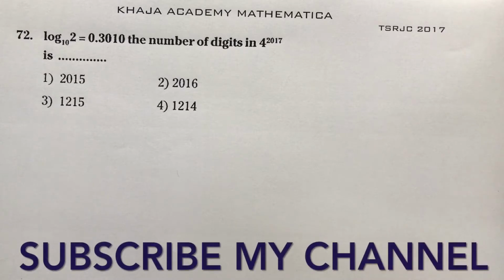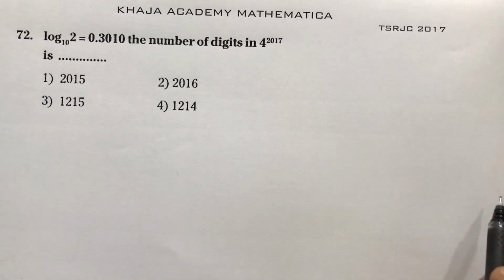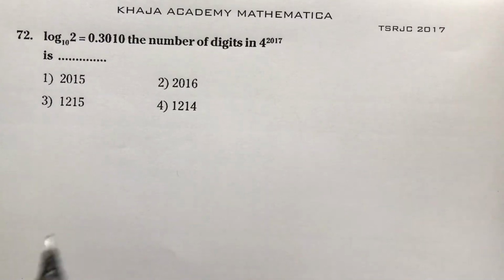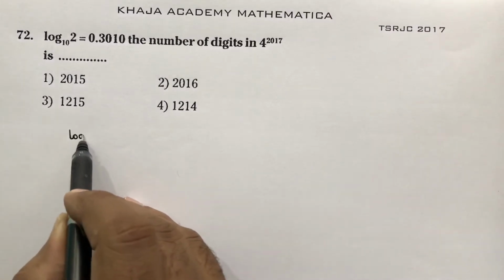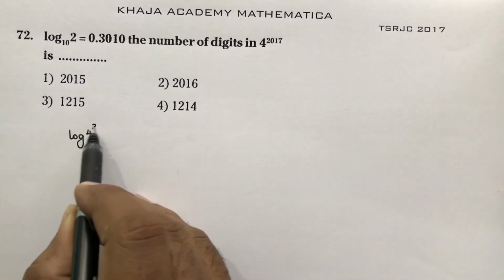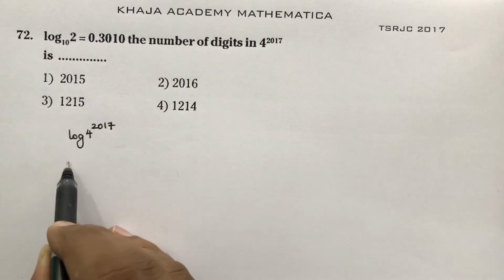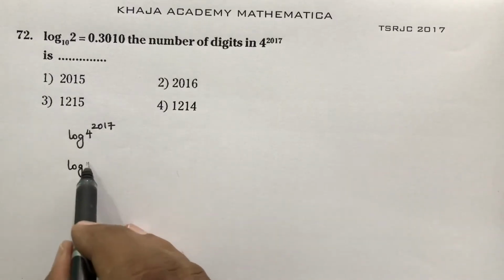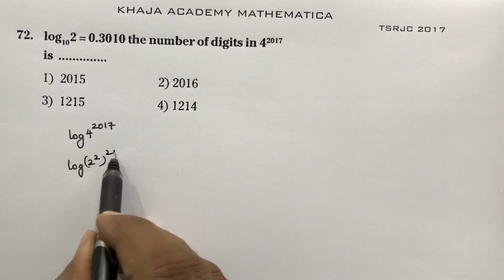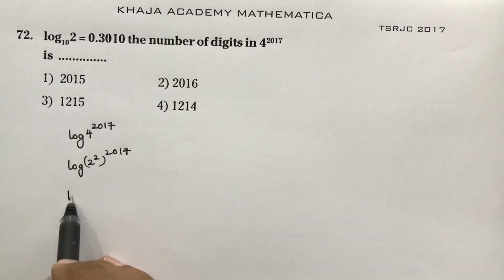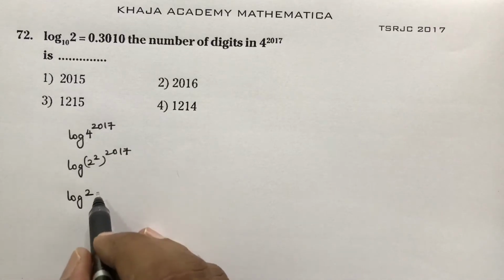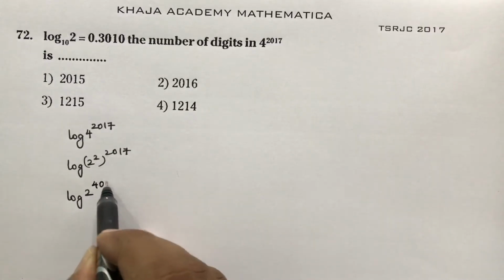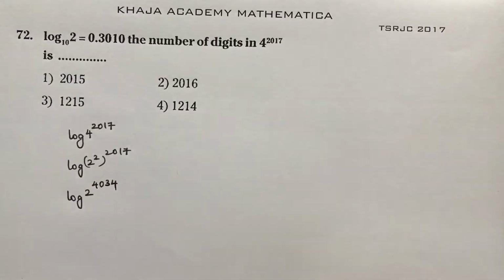Log 2 to the base 10 is 0.3010. Then find the number of digits in 4 power 2017. So for 4 power 2017, apply log: log 4 power 2017. 4 you can write as 2 square, whole power 2017, so log 2 power 2 into 2017, which is 4034. 17 times 2 is 34.